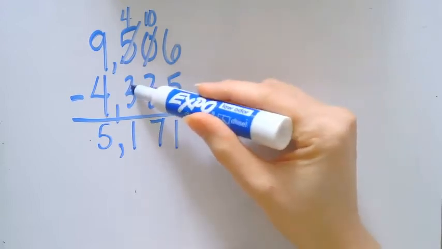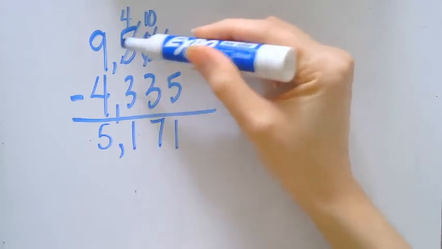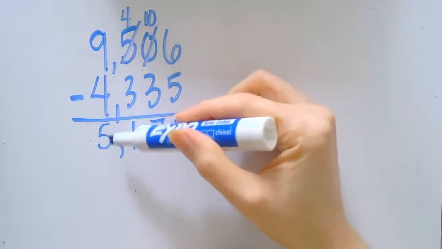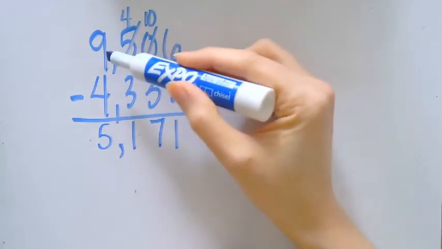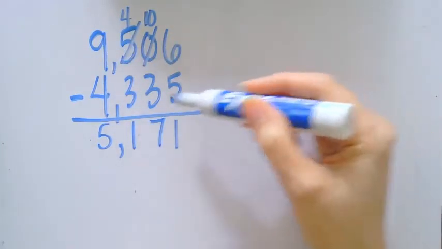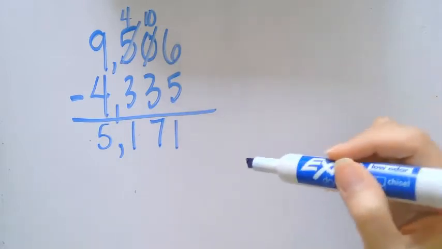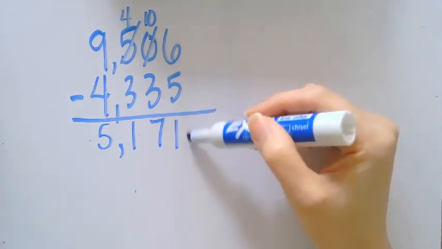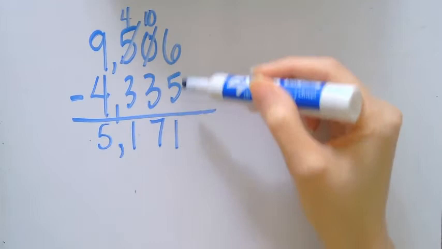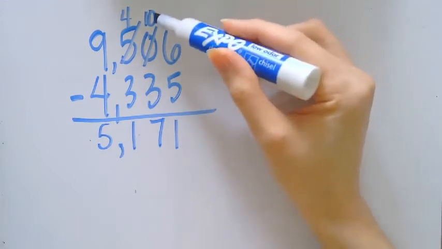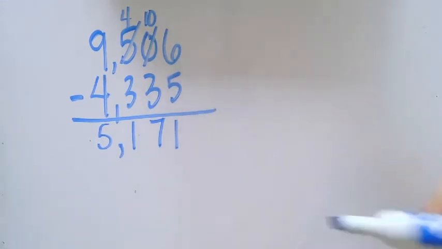True. 3 plus 1 is 4. 4 plus 5 is 9. True. And if all of those statements are true, then your answer is correct. Remember, when you're adding these two numbers, it should be the very topmost number. So good job.